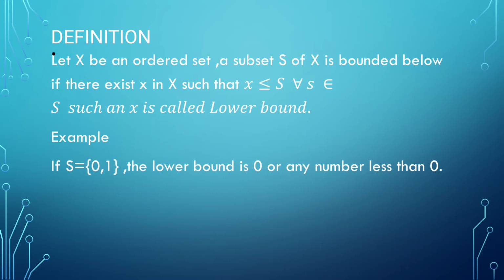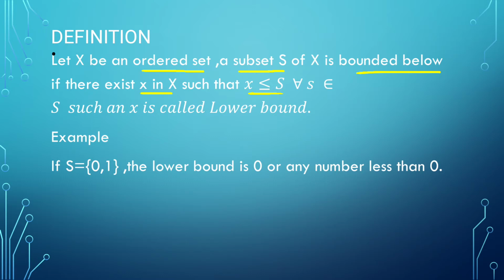Let's look at this definition. Let X be an ordered set, and we have a subset S of X. We say this subset is bounded below if there exists a small x in X, an element of X, such that x is less than or equal to every s in S. This is the smallest possible element.